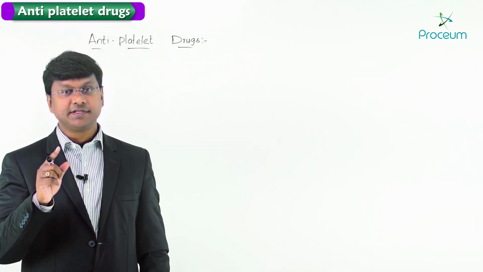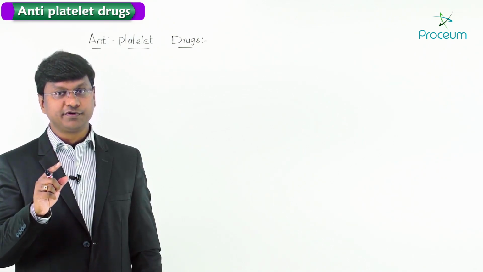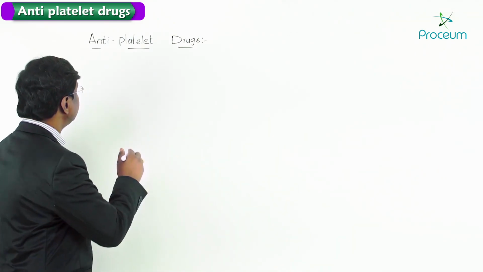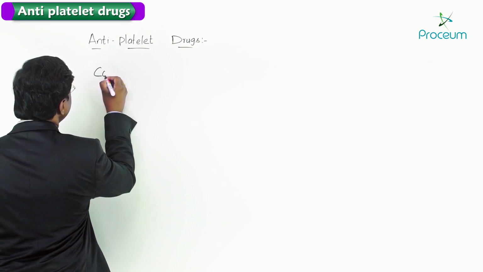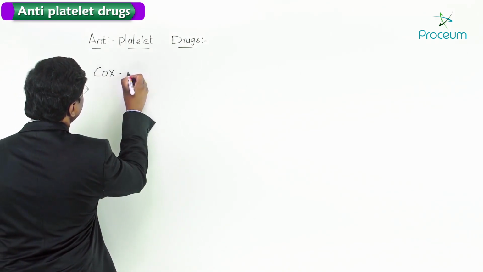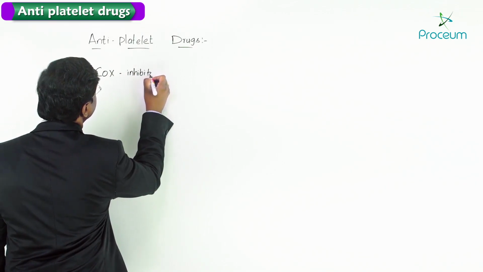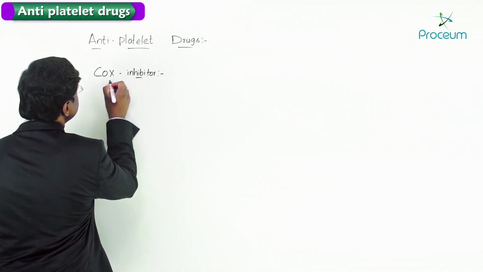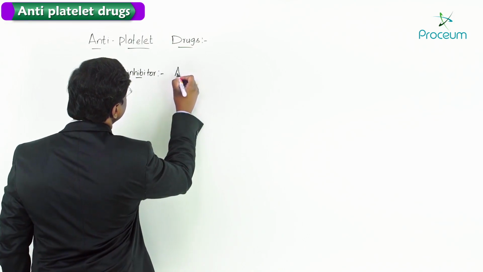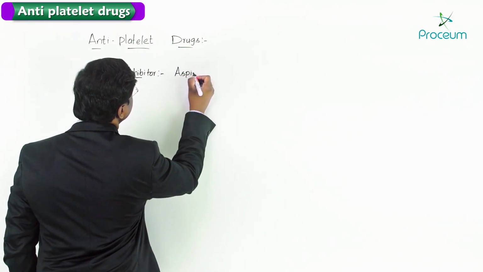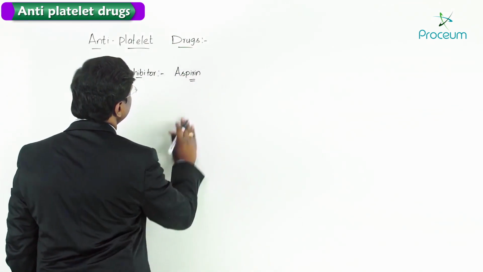Now let me take up the discussion of the very important group of drugs, that is COX inhibitors, which have antiplatelet action. If you take this COX inhibitor which has the antiplatelet action, it is your aspirin. Okay.